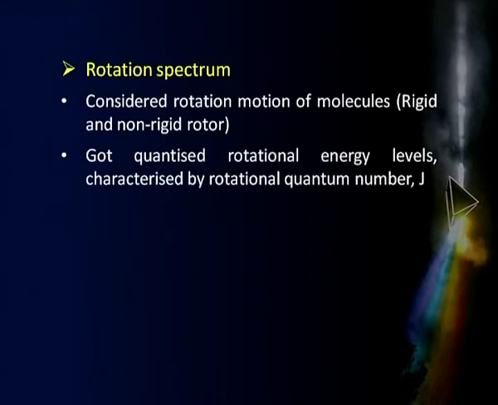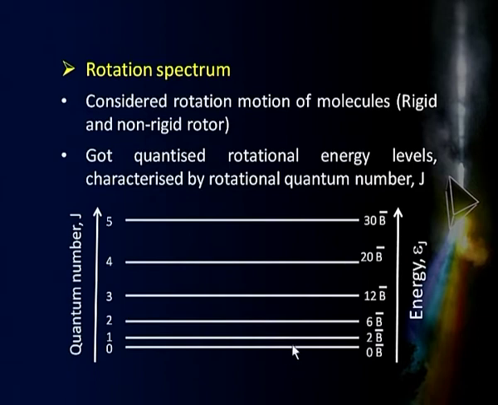In the process we got quantized rotation energy levels, characterized by a rotational quantum number J, separated as given by an expression. The transitions among these energy levels led to the rotational spectrum. Basically, the energy levels were coming as a consequence of the quantization of rotational motion.